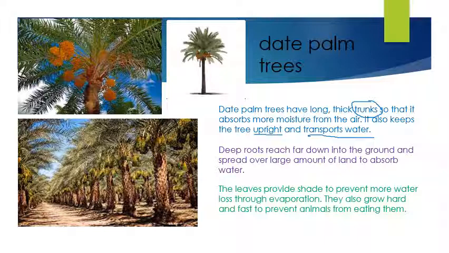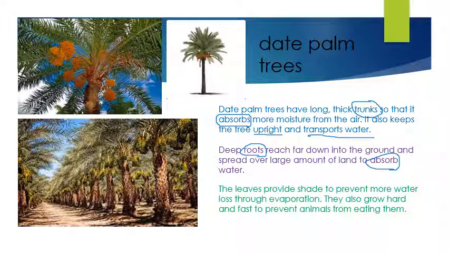It absorbs. When I say the word absorb, I want you to think of a sponge, and you put it in water, and the sponge sucks up all the water. It absorbs moisture from the air. It takes in water. It has deep roots, which are used to absorb the water from the soil, which is the same as what we had already discussed.